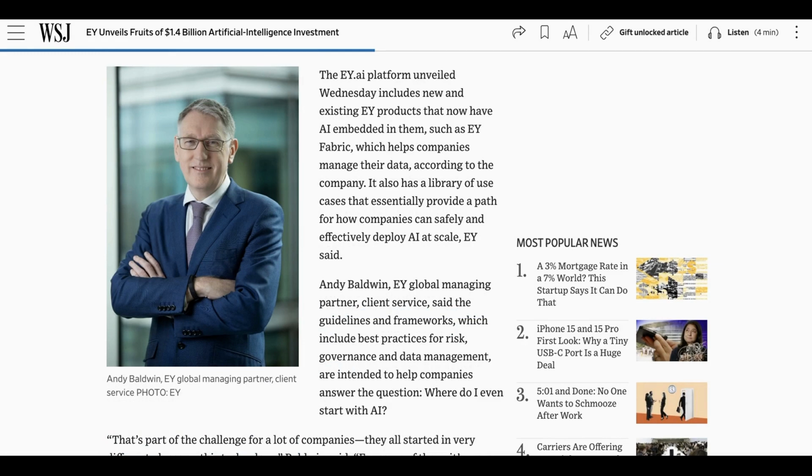Now, in my estimation, far from being just a jump on the trend kind of move, these major consulting firms actually have a really sensible use case for custom or at least customized LLMs that take advantage of their incredible trove of data. If you think about how the general consulting contract works, all of the data and information and learnings are siloed off from the teams that didn't work on it.